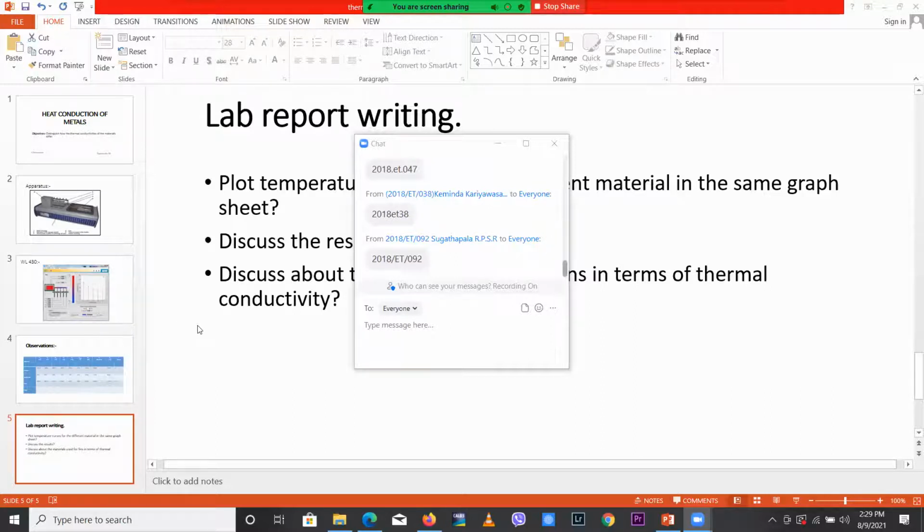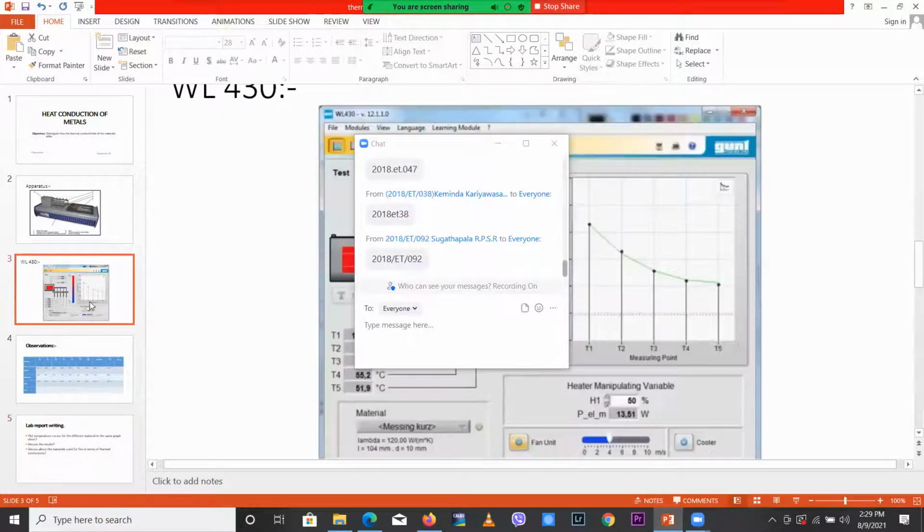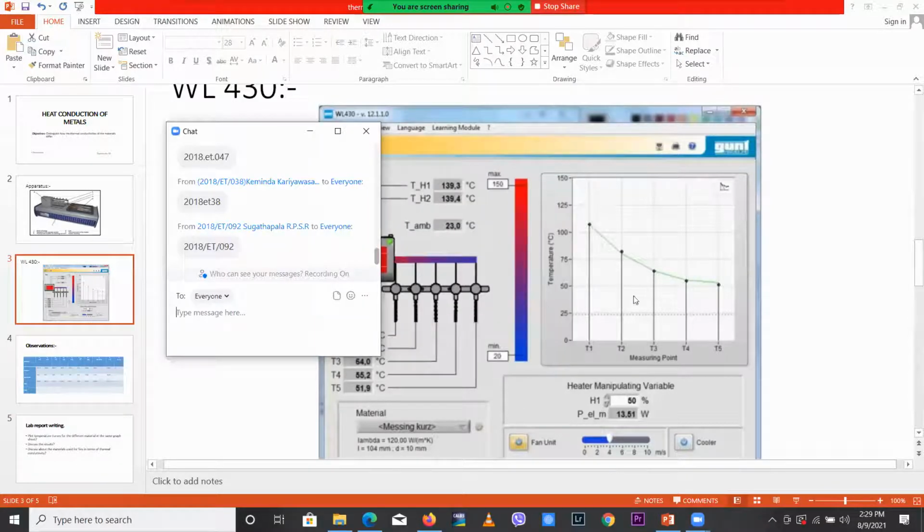In the temperature curve, what is on the x-axis, what is on the y-axis? Look at this slide, the temperature curve.